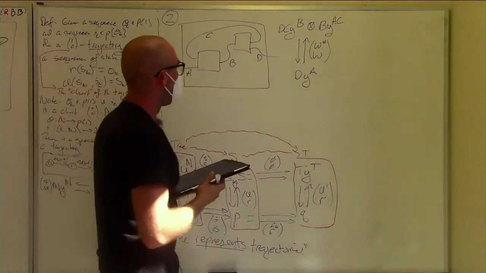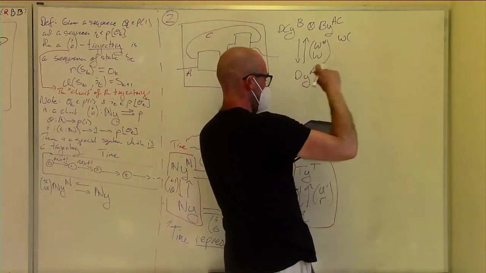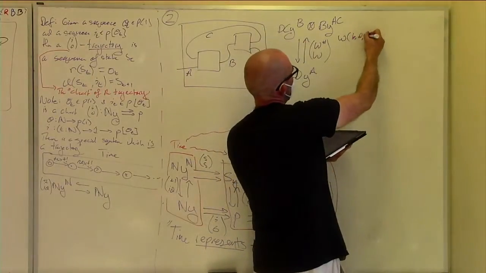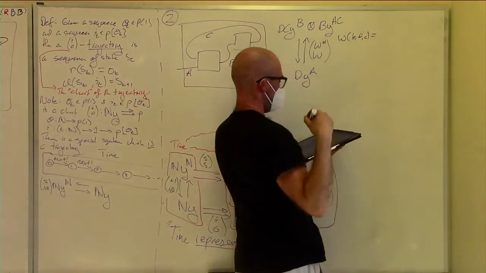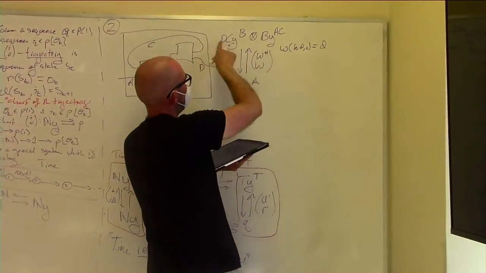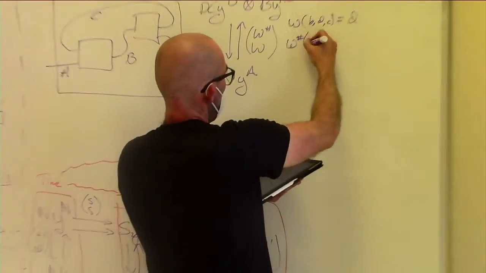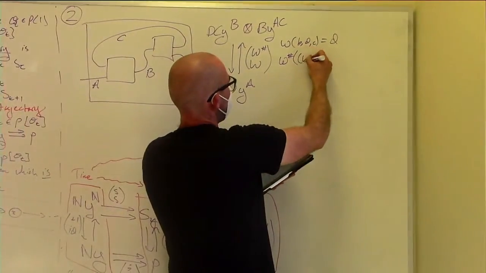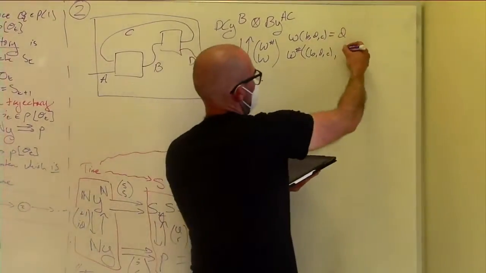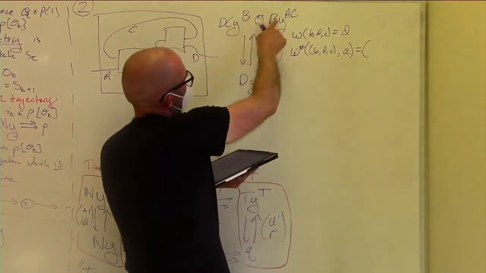And so explicitly, what is it? Well, W takes in three things, right? Sorry about the ordering, but it's clear that the data is still there. It takes in B, D, and C. And W sharp here, well, it takes in B, D, and C as well. And it also takes in an A from down here, and we have to go back up. And we have to give something in B, A, and C.